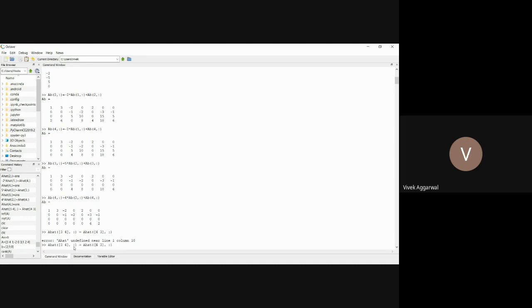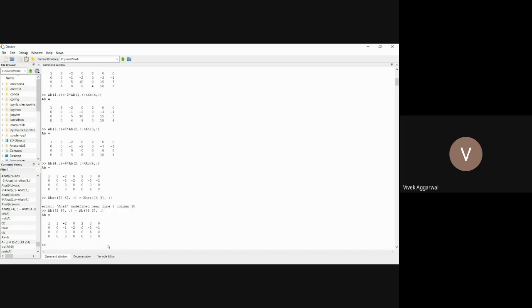The third and fourth row should be swapped with the fourth and third row, and the other things are the same. So I just enter and you get this value. You can see from here that the first and second row are the same. The third row has become the fourth row and the fourth row becomes the third row.